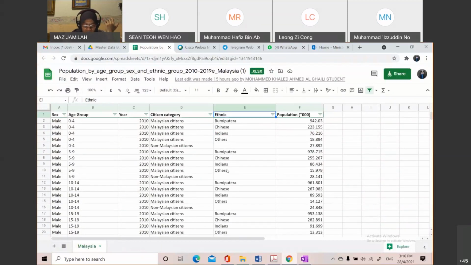For this case, class, if I were you, since you have too many things that can be done from this data set, you can focus on a different age group, different gender, citizen category, or ethnicity. You have a lot of options, but the direction for the overall project should come in one story.